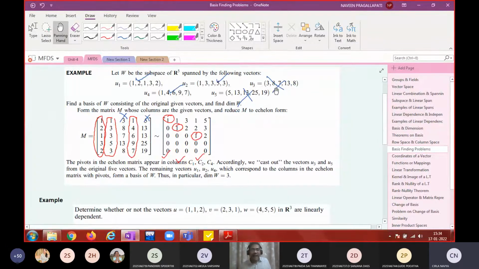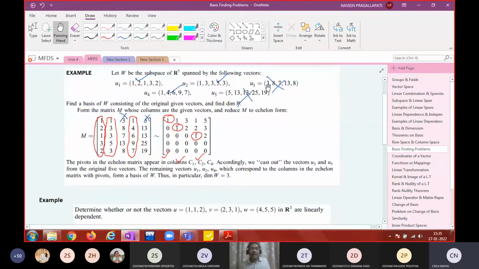These 5 will span a 3-dimensional space. These 4 also form a 3-dimensional space. These 3 also form a 3-dimensional space. These 4 are linearly dependent, these 5 linearly dependent, these 3 linearly independent and spanning the same row space. Therefore, this is a basis.